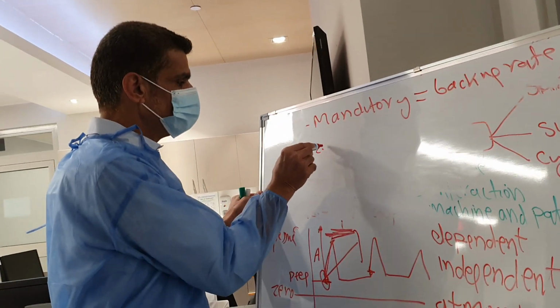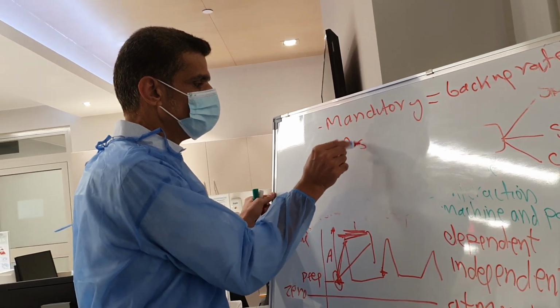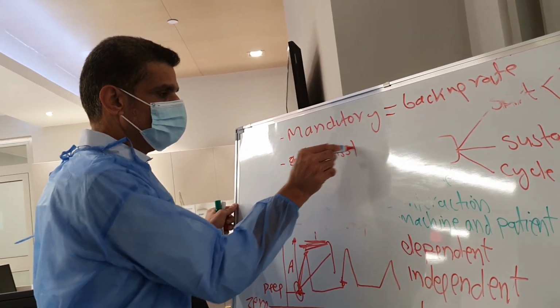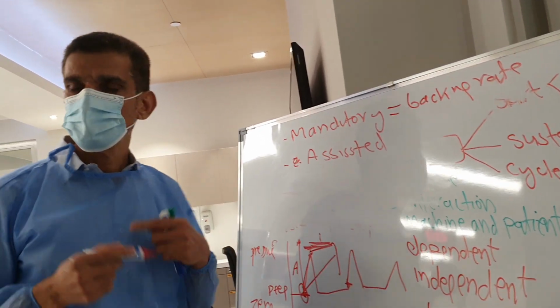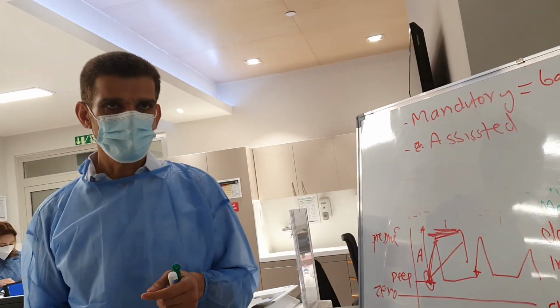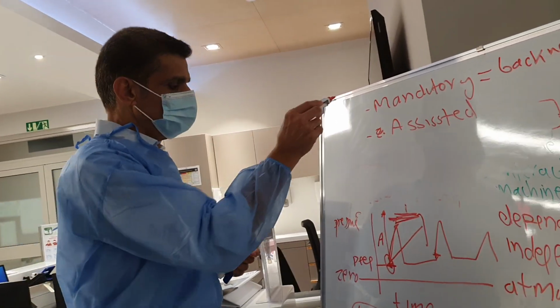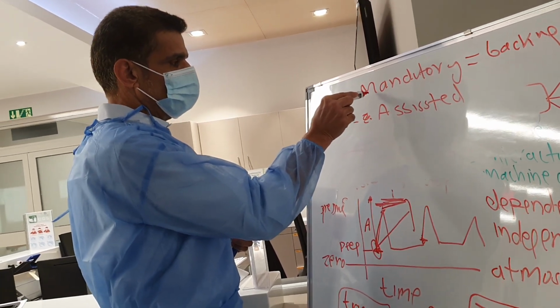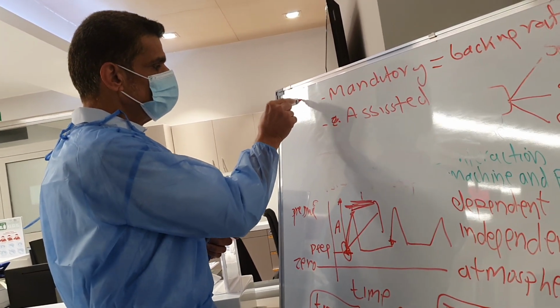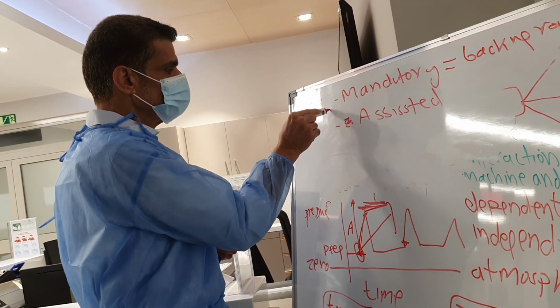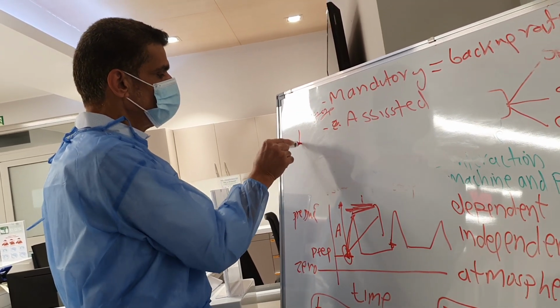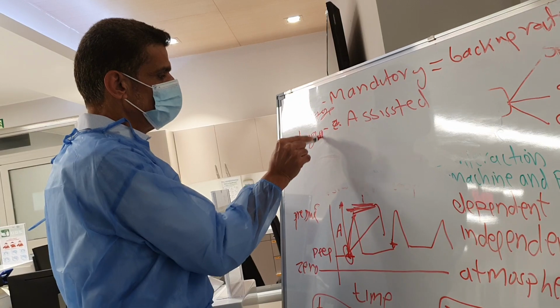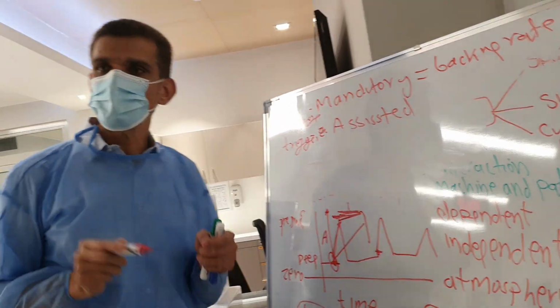That's one. Second, called assisted ventilation. It helps the patient when the patient is trying to breathe. So this one is always no trigger. This one always has to have a trigger. So it depends on the mode.